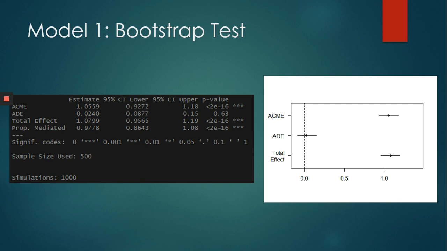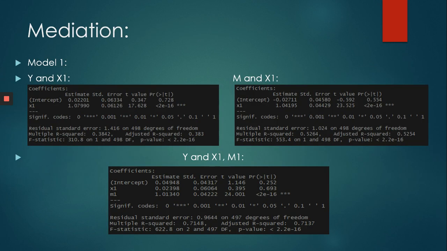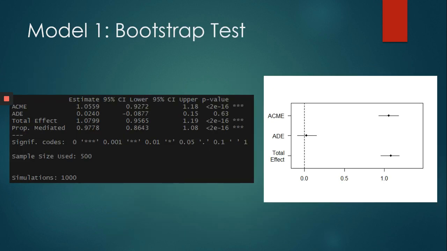This is further important because all the estimates that this bootstrap produced are equivalent to the coefficient estimates that were given to us from our regression. So for our C, when we just did X against Y, we did have an estimate of 1.08, as we can see up here in the top left.